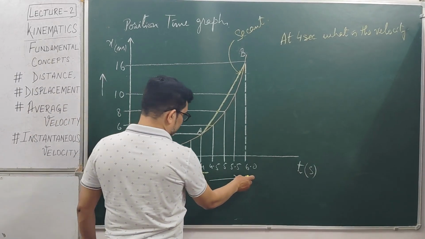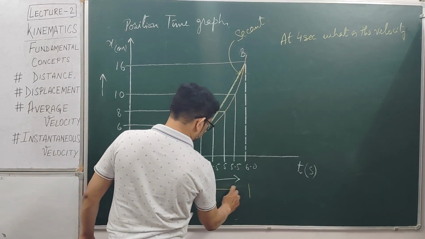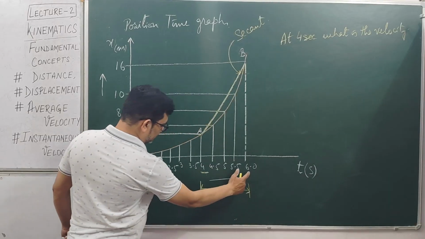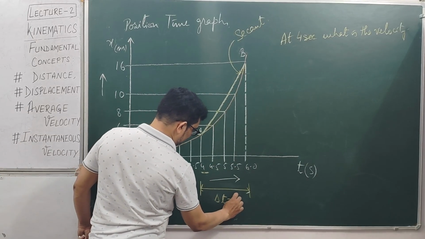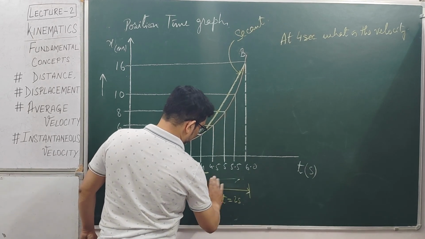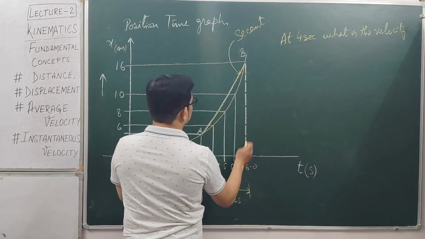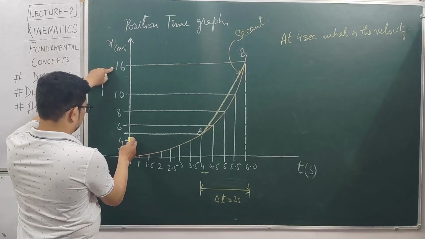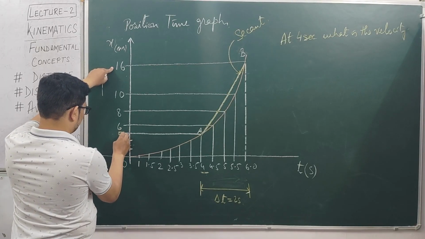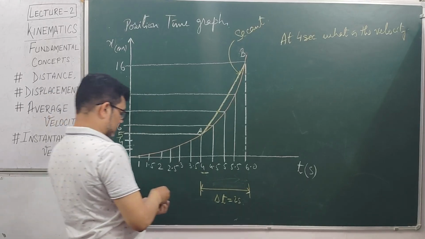So if you take this into account and observe this pattern, what is the time interval between 6 and 4? So we get here delta t is equal to 2 seconds, right? Now corresponding to this, this corresponds to 16 and this corresponds to 5.